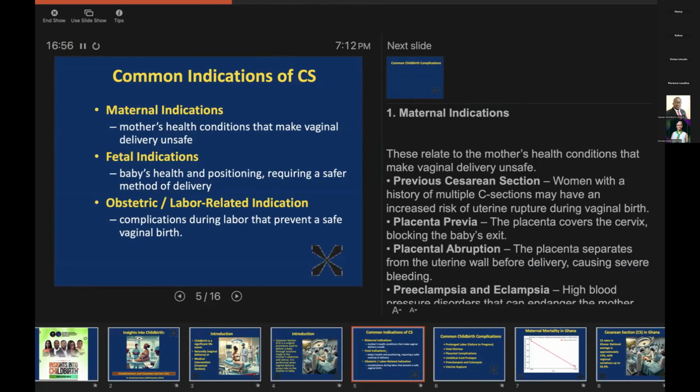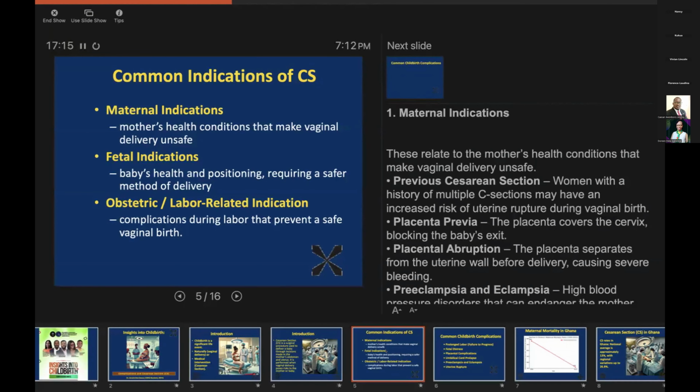So assuming a pregnant woman who is known to have, let me take asthma, the lung condition, an asthmatic pregnant woman who's been having a lot of asthmatic attacks throughout the pregnancy.